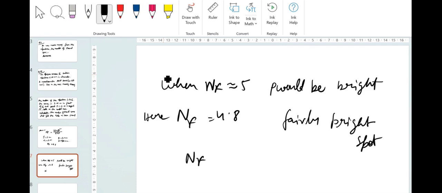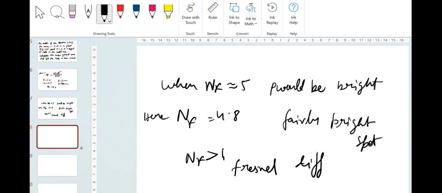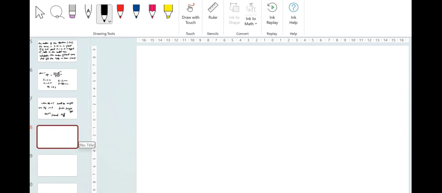Here we see NF is greater than 1, so it would be Fresnel diffraction. We can also see from this relation that R must be greater than S squared by lambda for Fraunhofer.